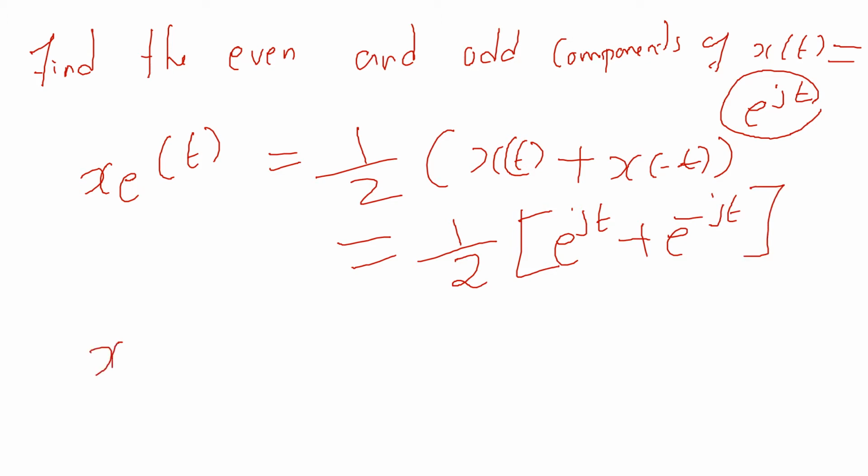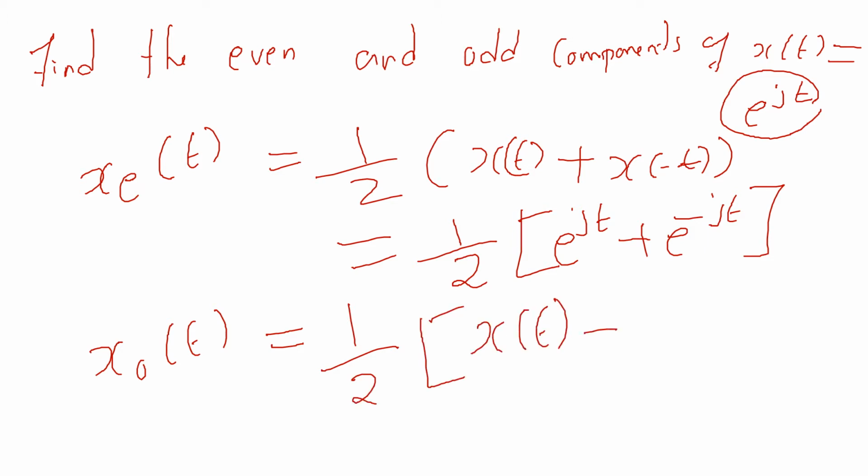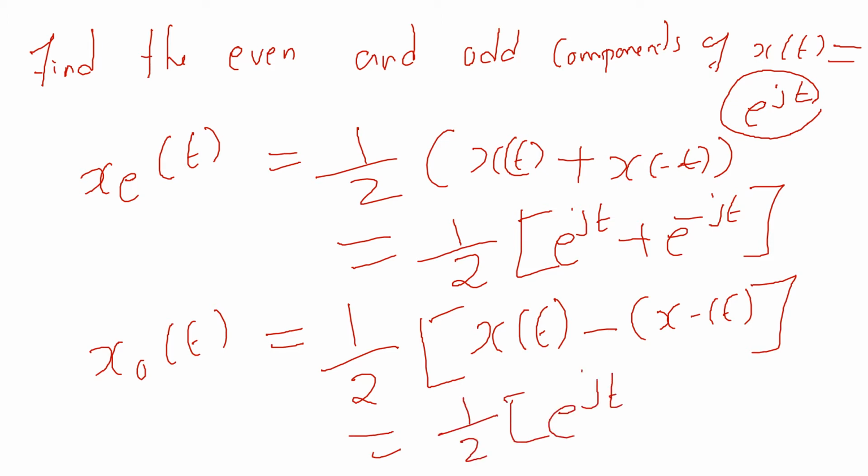Similarly, xo of t, that is nothing but the odd component, right? The odd component's formula is half times x of t minus x of minus t, right? So this can be written as half into e power jt minus e power minus jt.